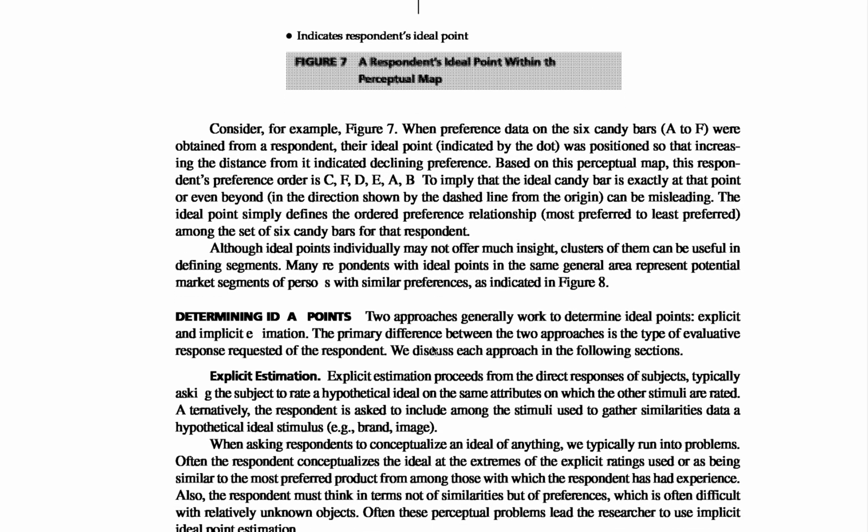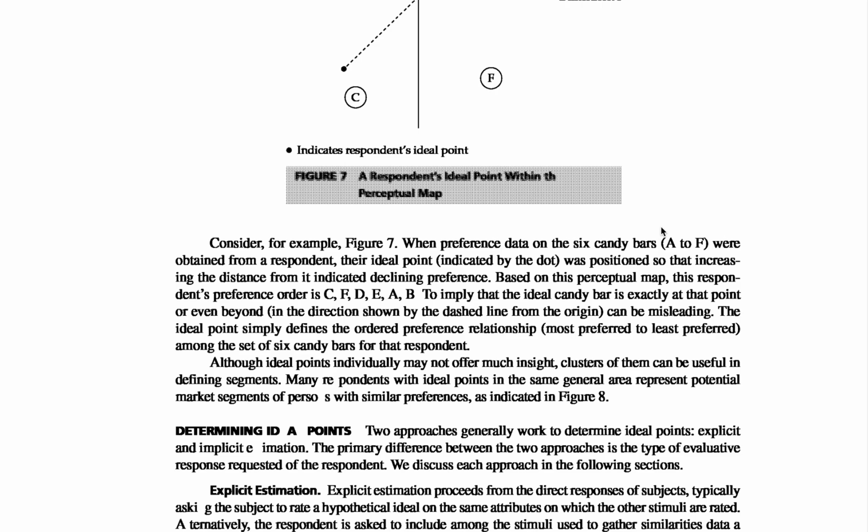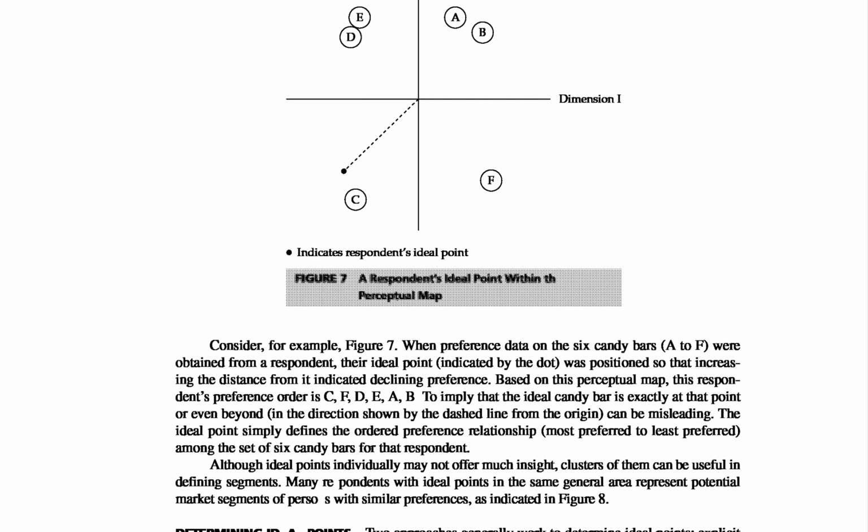Consider as an example figure 7, where preference data for 6 candy bars, A to F, were obtained from a respondent. The points indicate that the dot's position, with increasing distance from the ideal point, defines the preference order based on the perceptual map. This respondent's preference is CFDEBA, which might imply that the ideal candy bar is exactly that point or even beyond.